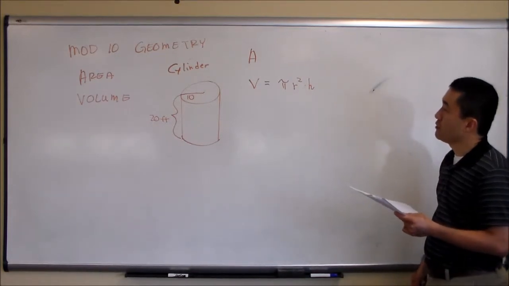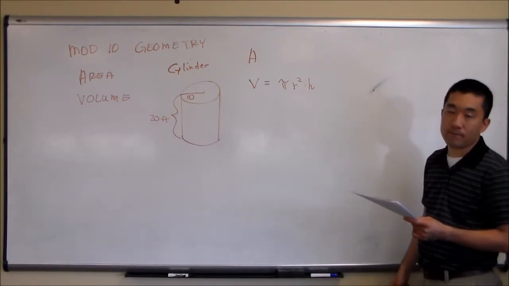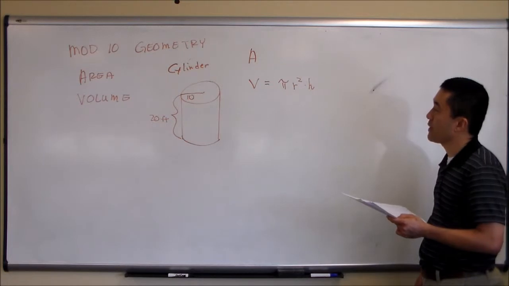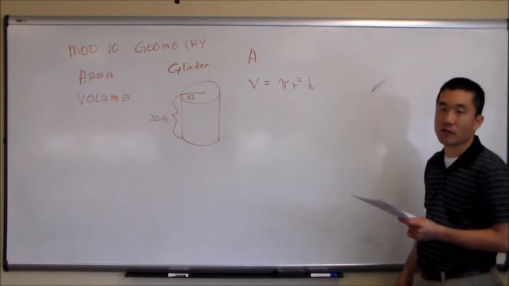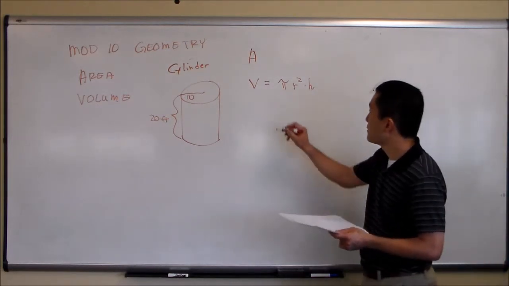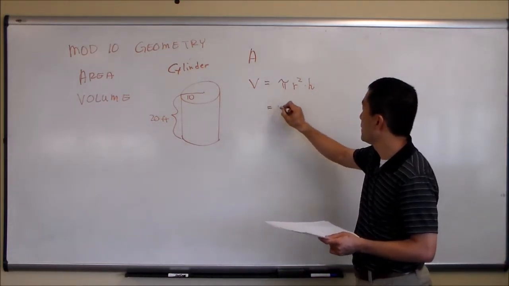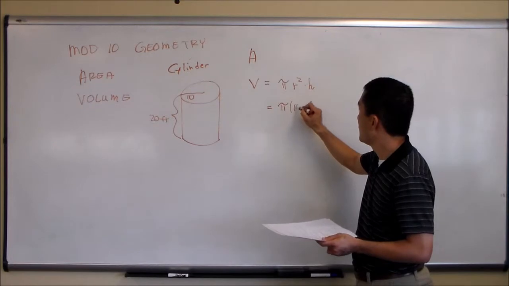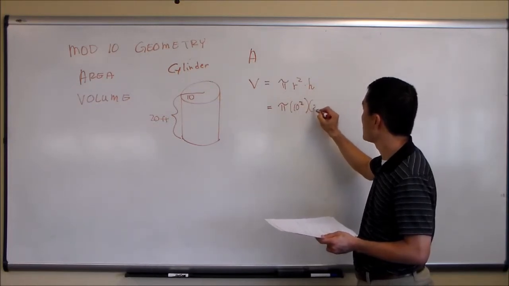It doesn't say to use 3.14 for the pi, so I'm going to use pi as pi and not use the substitution 3.14. So I'm going to leave the pi as pi. So if that's the case, pi 10 squared times 20.